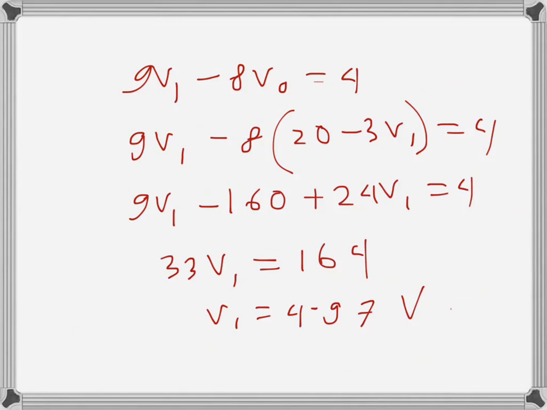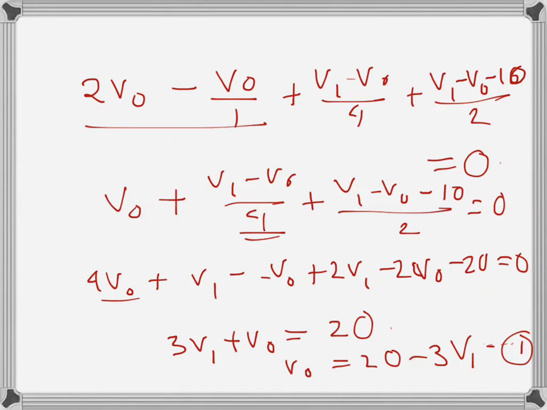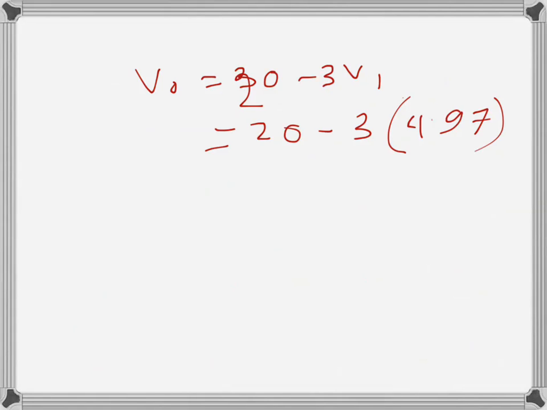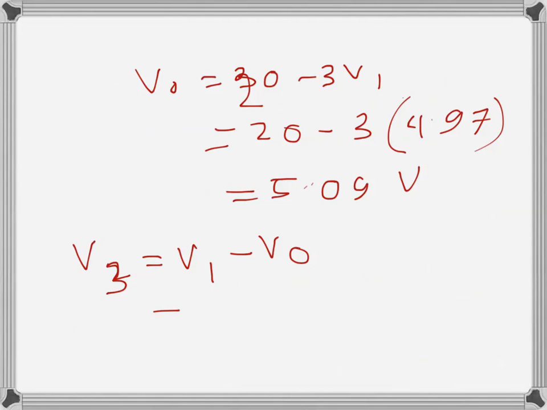Now we need to find V0 first before we can find V2 or V3. So V0 will be 20 minus 3V1, which is 20 minus 3 into 4.97, that's 5.09 volts. So V3 will be V1 minus V0, which is 4.97 minus 5.09 volts.